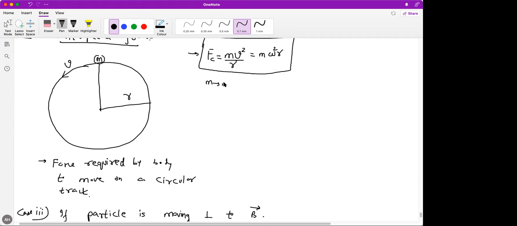m is the mass of the particle. v is the velocity of the particle. r is the radius of the track. It's not the radius of the particle, it's the radius of the circular track.